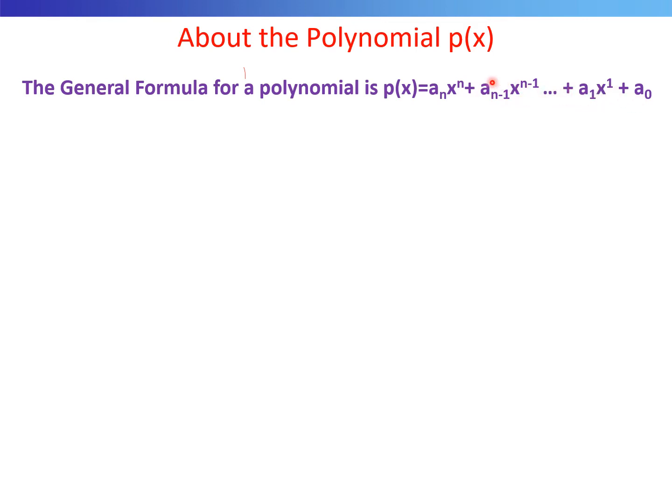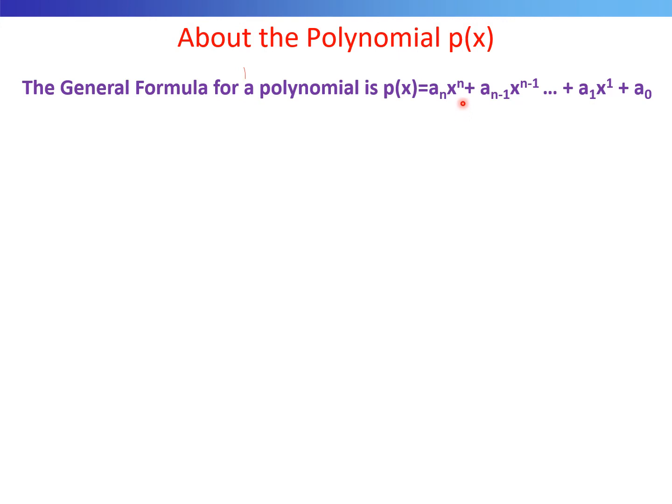Our focus for analyzing polynomials will be on a polynomial with a single term, just p of x equal to a sub n x to the power n. The reason being, it will simplify calculations because we need the calculations to prove all the hypotheses that we're going to set forth before we can start talking about the polynomials.